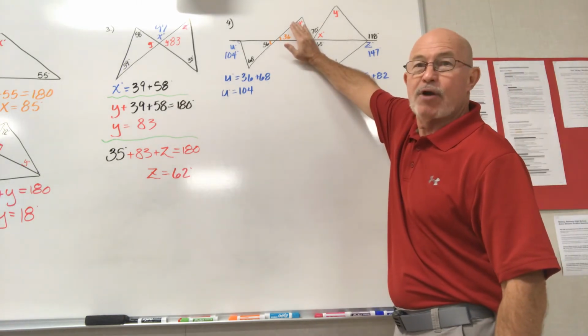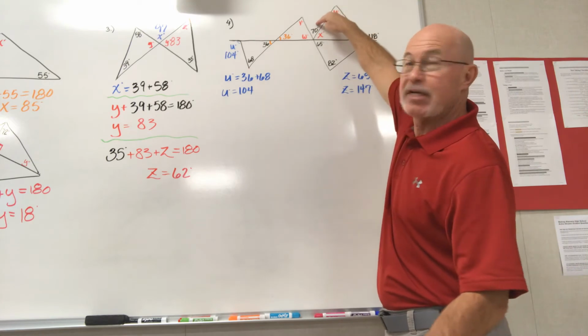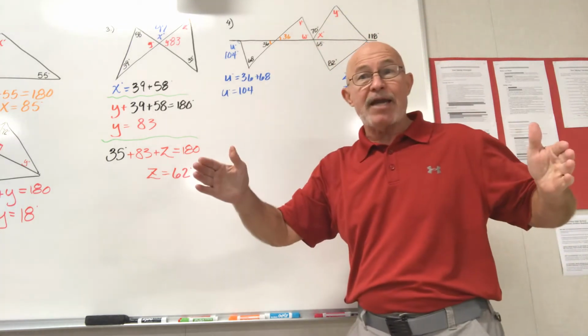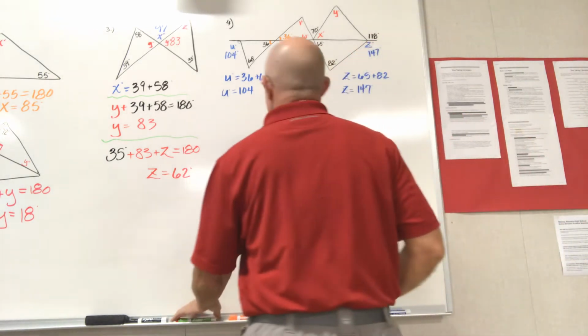I have a line right there. So 70 plus x plus 65, they're going to have to add up to 180.